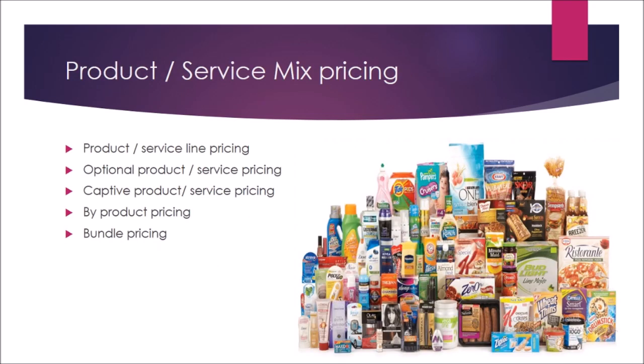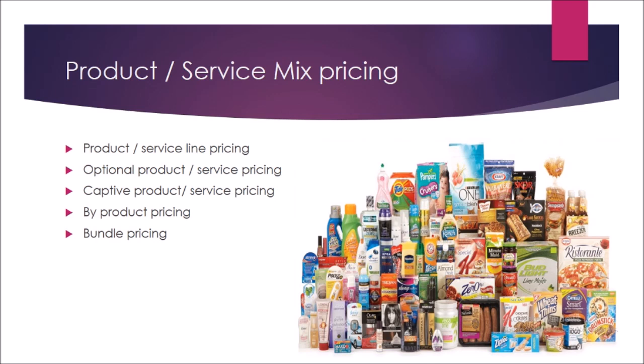Okay, so now when it comes to product and service mix pricing, you can see there are different types of pricing, because with the product mix you can see the number of layers available, the number of types of goods available from the same manufacturer, right? Product and service line pricing, you can see, right?